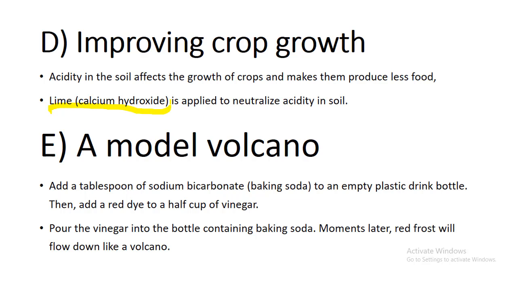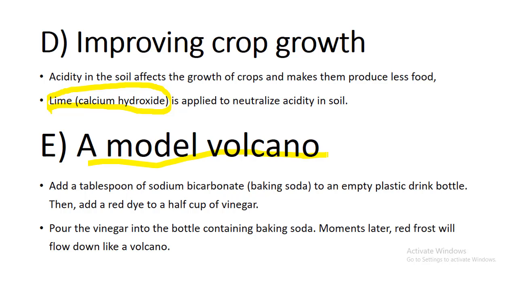The same lime we know, that lime is called calcium hydroxide. So you apply it to the soil to neutralize the acidity. Once you do that, you are making the soil somewhat neutral, so that the plant can start growing well again.